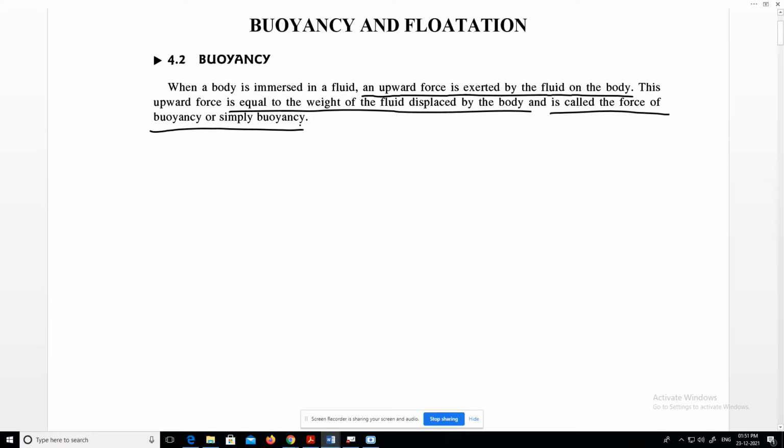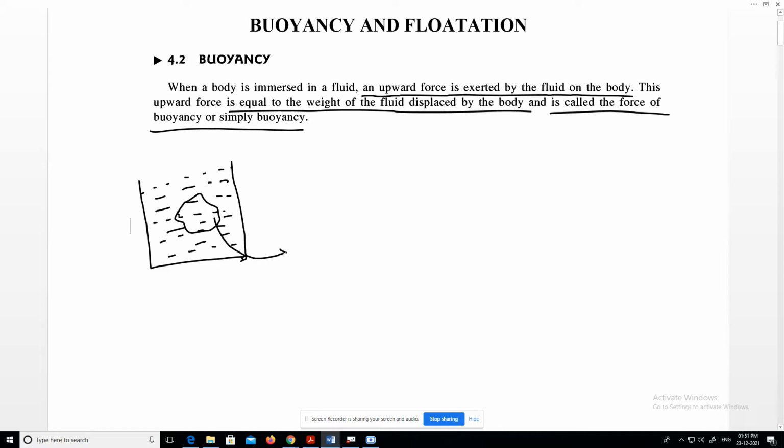For example, this is the body, which contains some amount of liquid, right? Now I am going to put one irregular shaped body inside the water. What will happen? The water level will increase. This is the principle.